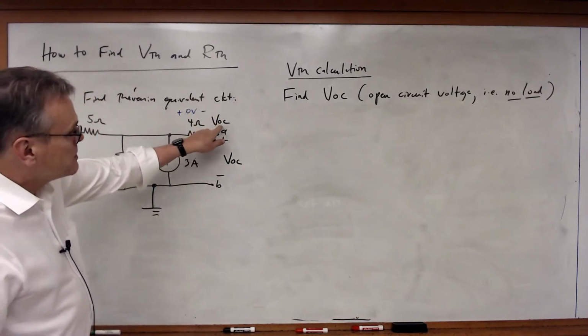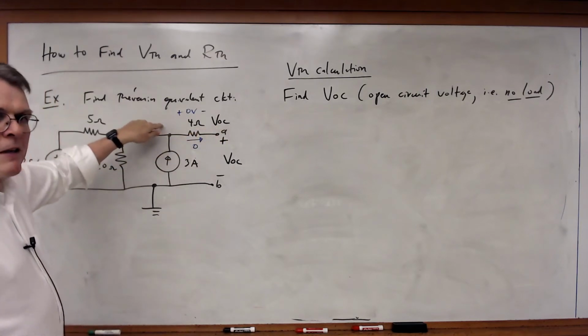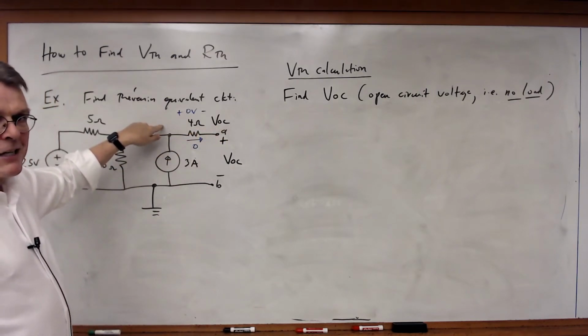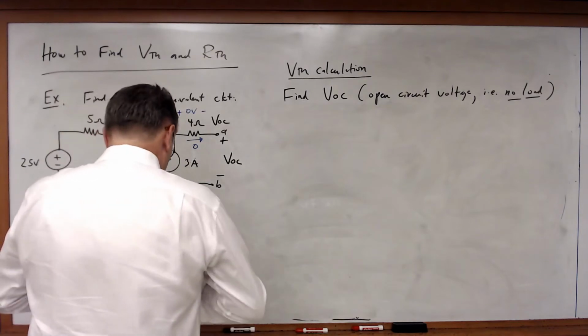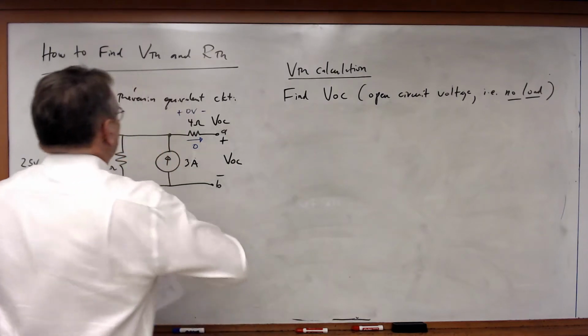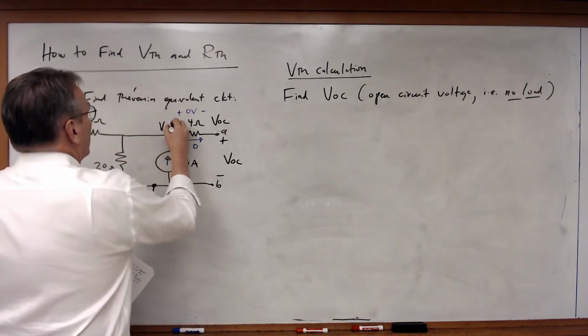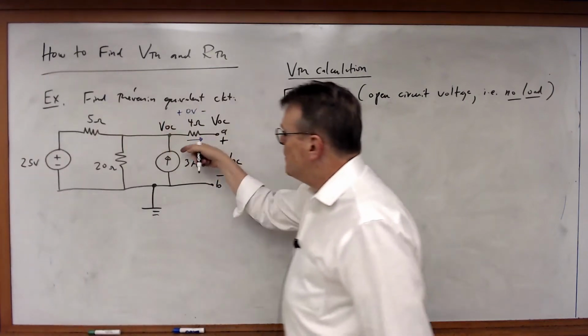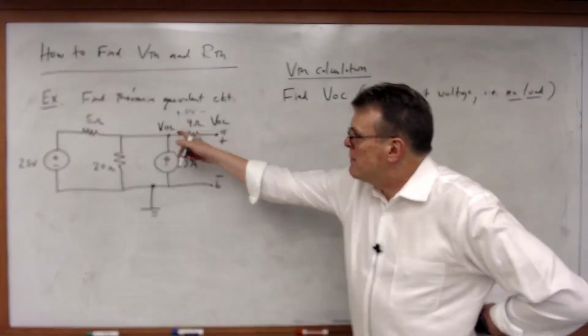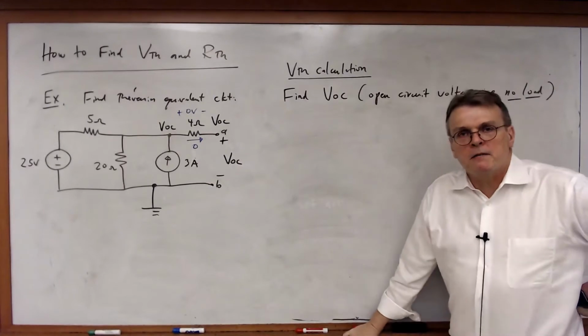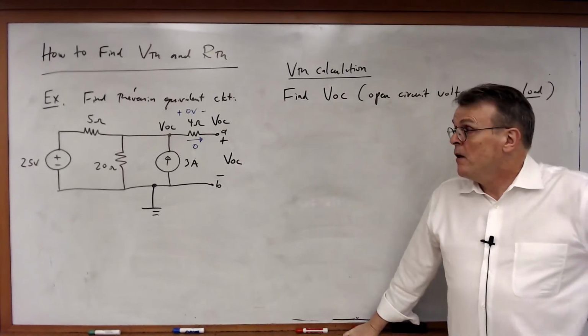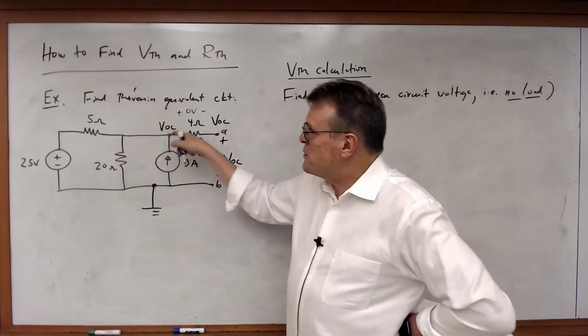So if I have VOC on this side, what must be the voltage on this side? It's got to be VOC. Because I know there's no current through the resistor, I must have the same voltage on both sides of that resistor. Okay, so this node is actually VOC.